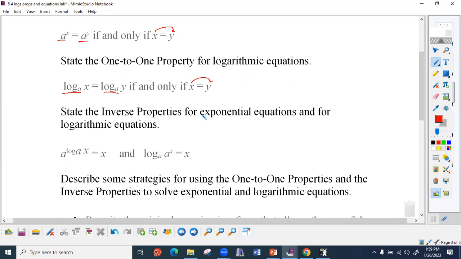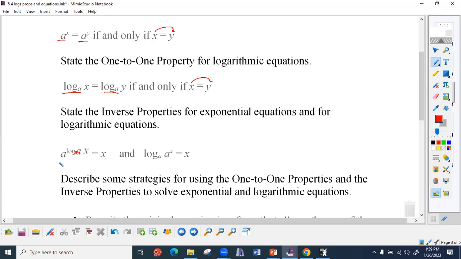Okay. The next thing that we're going to talk about, from yesterday's 5.4a, was our inverse properties for exponential and logarithmic equations. This is supposed to be a little a, I don't know why it became a big A. If I have log base a of x and I want to get rid of the log, I'm going to raise it to an exponential of the same base as the log.